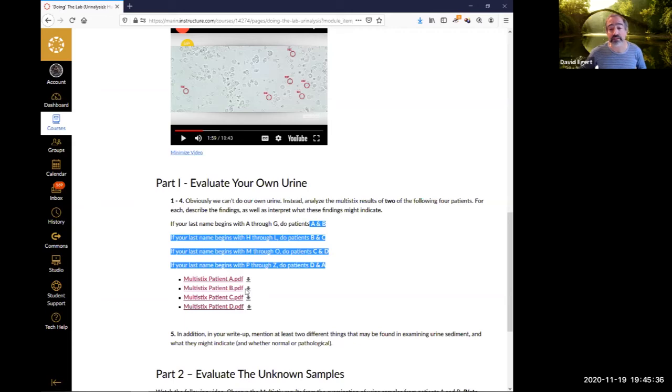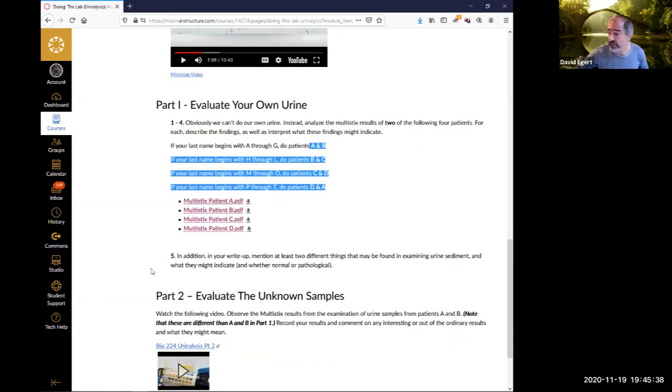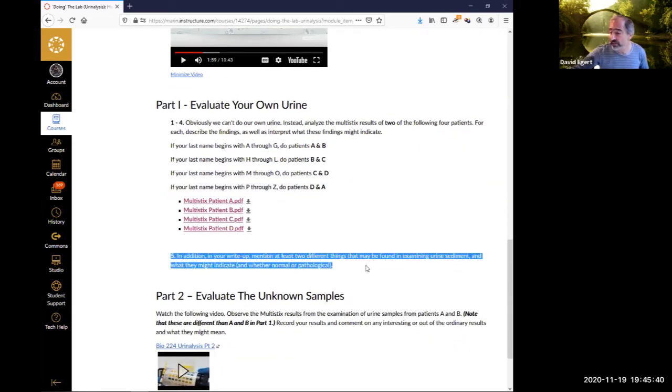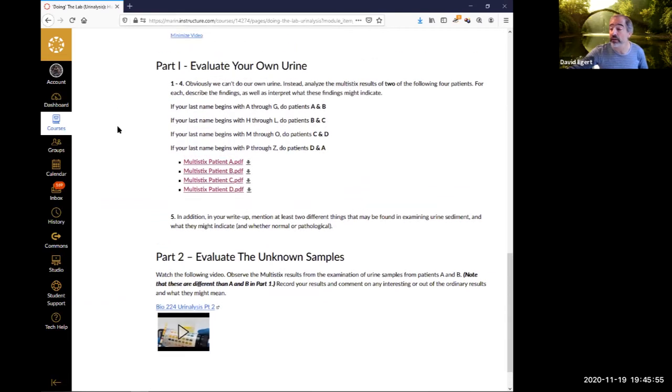That makes sense? And then, in addition, spend a little bit of time thinking about sediment analysis and describe at least 2 different types of sediment and what they might mean. So that is part 1.